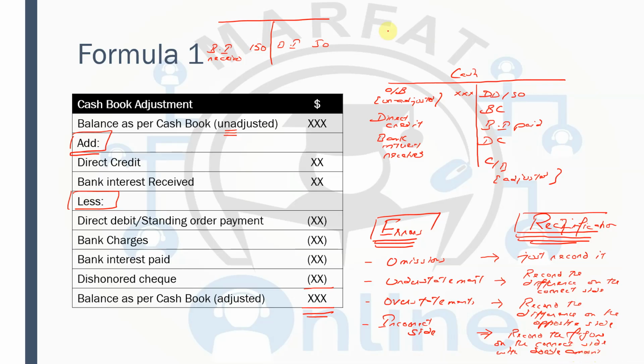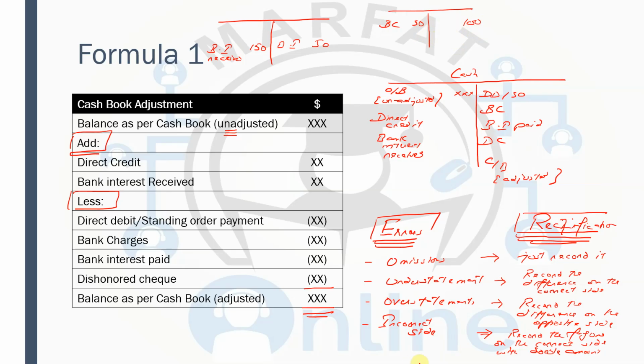Let's assume you are supposed to record bank charges on the credit side of $50. Instead, you have written bank charges on the debit side. Now, what you need to do is record 100 over here. So when you record 100 on the credit side, this will automatically reach to the 50 being recorded on the credit side.